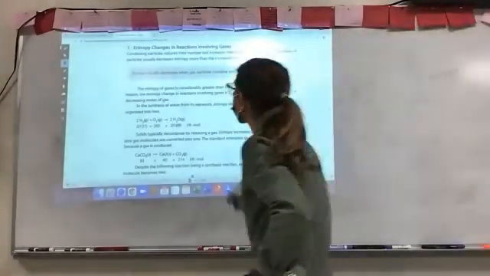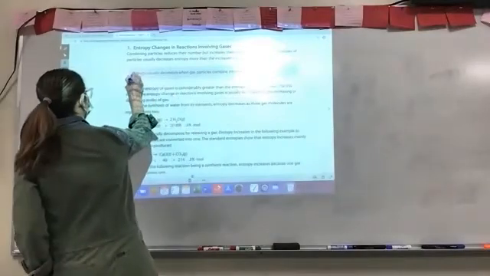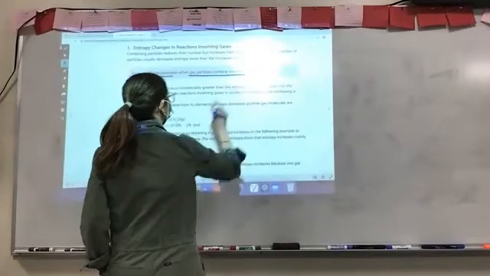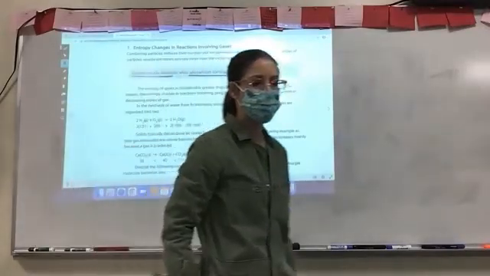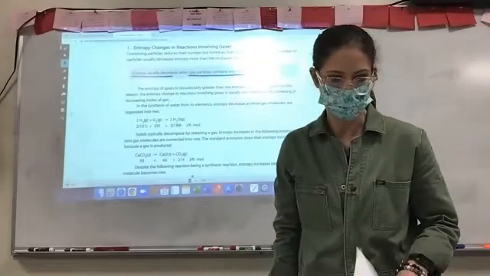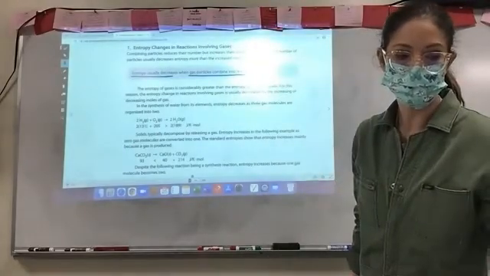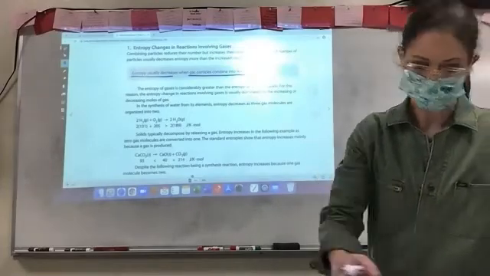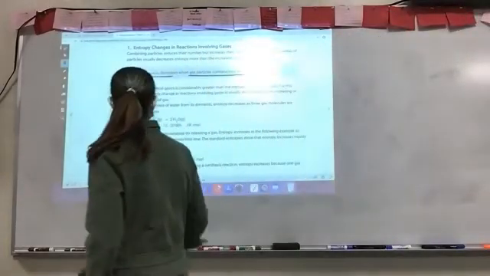Okay. Entropy usually decreases when gas particles combine into fewer particles. Okay, that is definitely going to be true here. So let's take a look at a couple of examples.